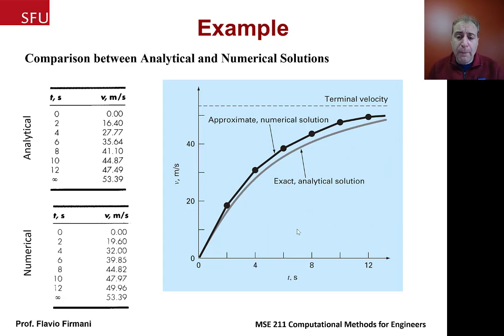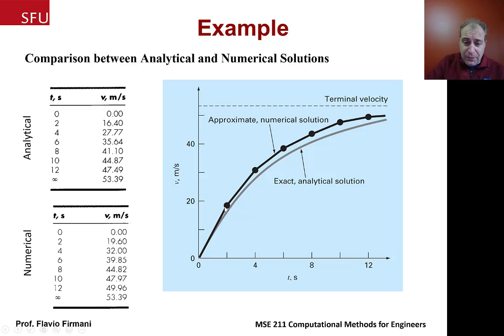So this is the comparison between the analytical solution and the numerical solution. In the analytical solution, which is the solid curve here, we can see that eventually it's going to converge to a terminal velocity. And the numerical solution had a fairly large step size of close to 2 seconds, and the approximations are defined by line.